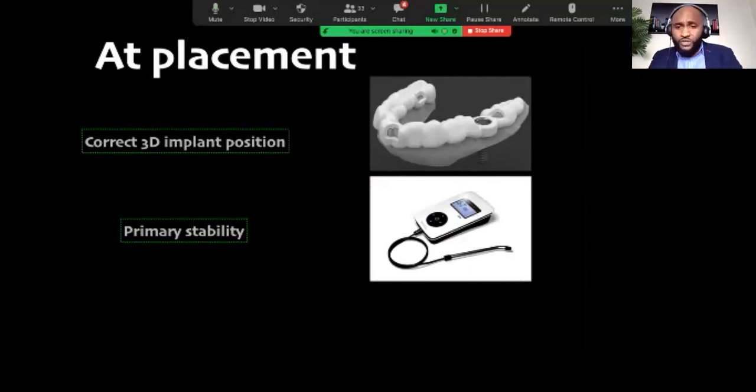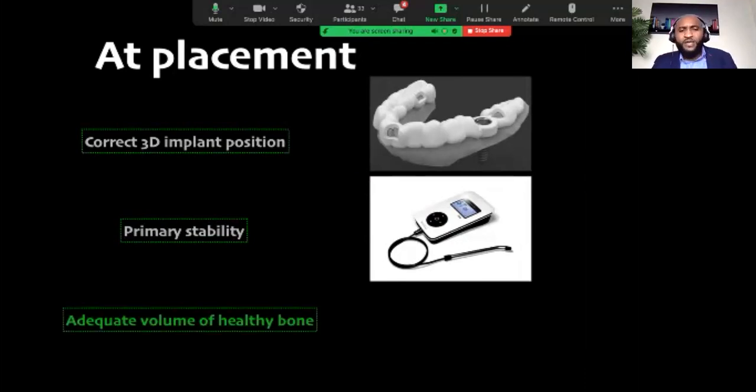Or you can go digital and use an ISQ machine to determine the stability. Now, those two important factors, correct 3D position and attaining good primary stability, are dependent on availability of adequate volume of healthy bone.